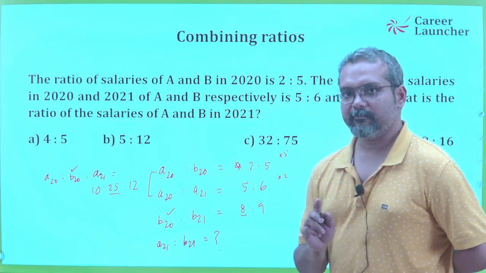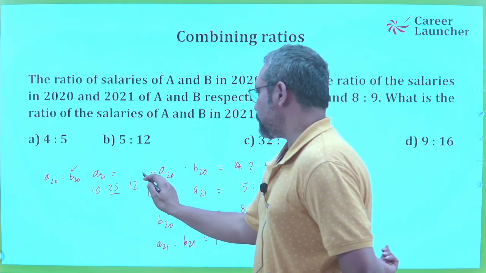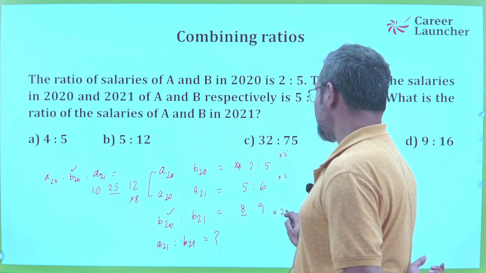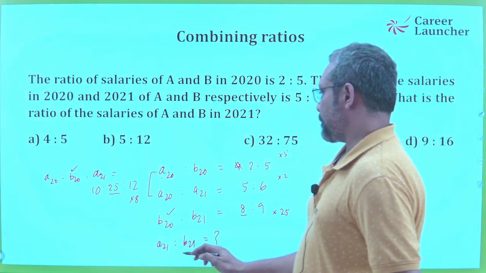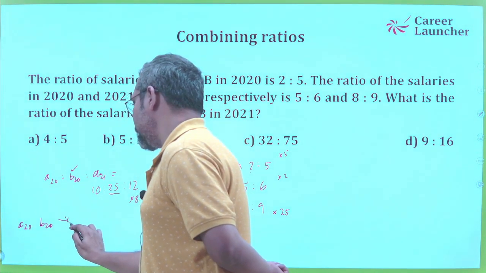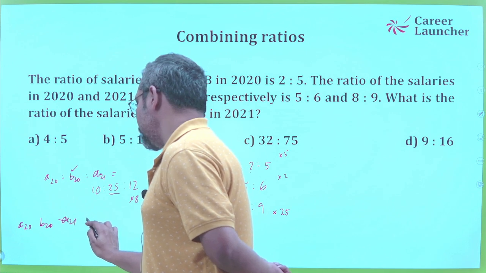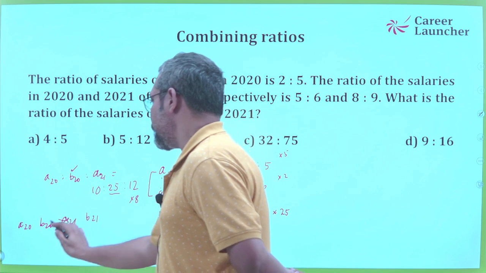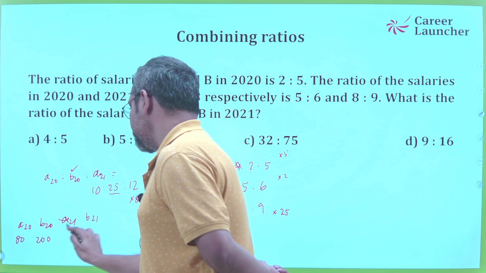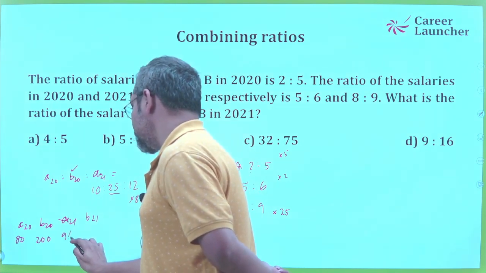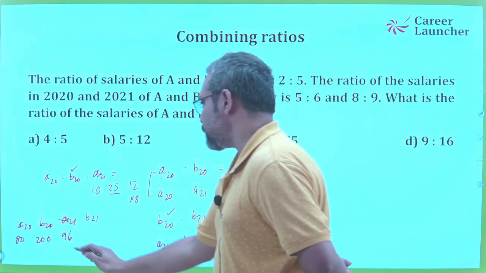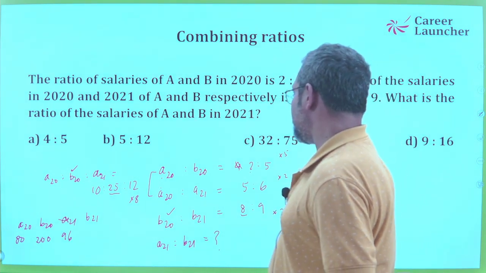To make them equal, we will multiply this ratio with 8 and we will multiply this with 25, and we will finally get A20, B20, A21 and B21 as 8 10s are 80, then 8 25s are 200, 8 times 12 is 96. Now here we are multiplying 25, so B20 is 8 times 25, 200, that's already there. 9 times 25 is 225.